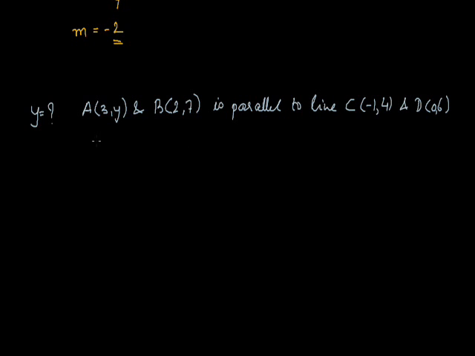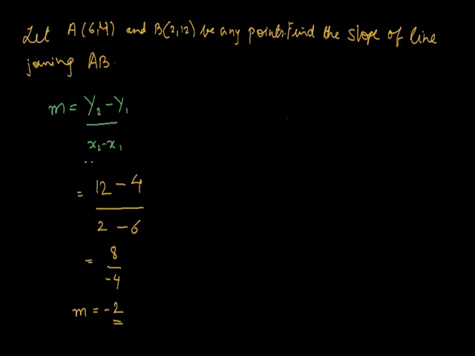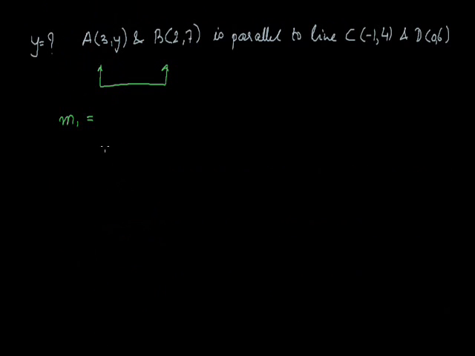So first of all, we will calculate the slope of the line joining A and B. Let's say M1 is the slope of the line which passes through points A and B. Then M1 is equal to, again we will make use of the formula m equal to y2 minus y1 upon x2 minus x1. The same formula would be applied over here.